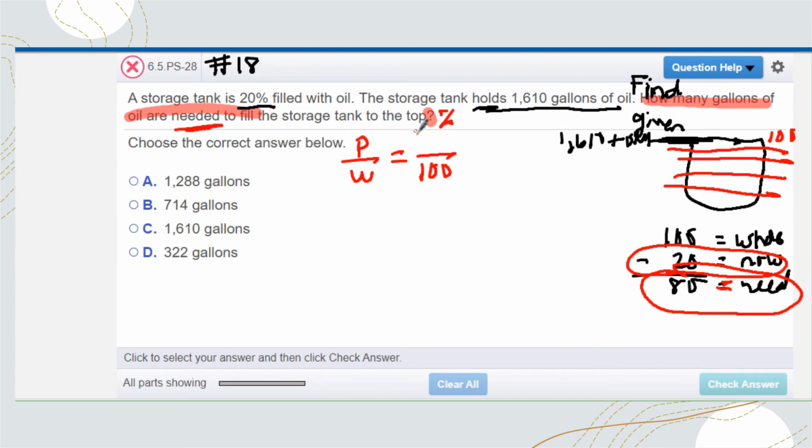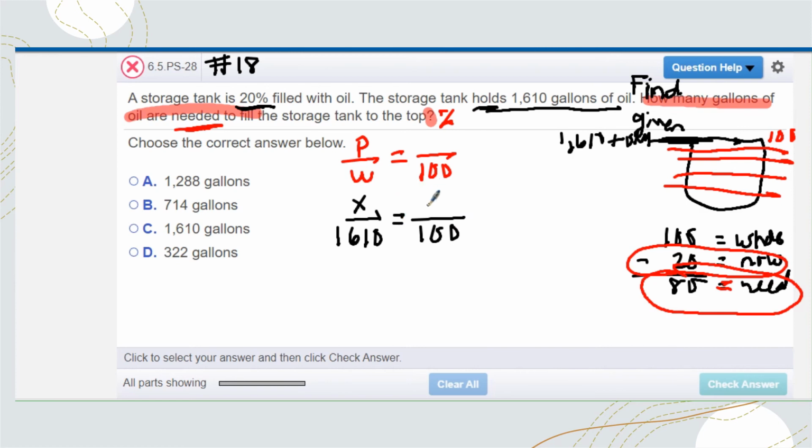So if you use 80%, it'll be equivalent to your final answer. So let's just do 20% because some people see 20% and they want to substitute it in. So we're going to put our part, which we don't know, over our whole, which is 1,610. The whole is equivalent to the whole percent.